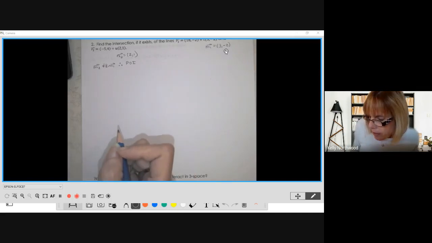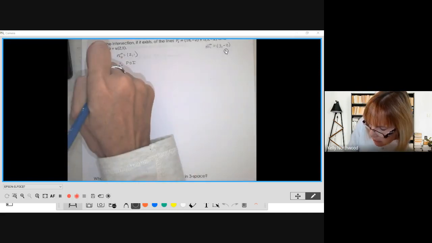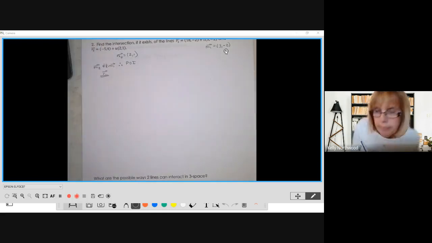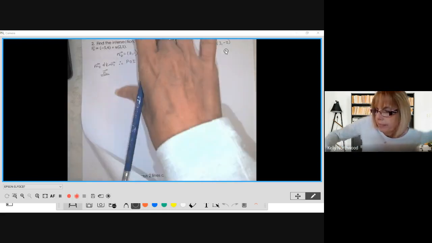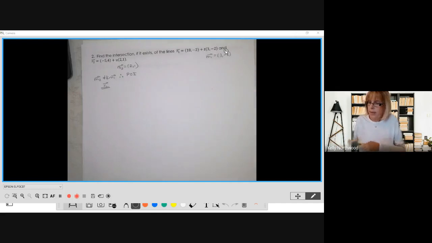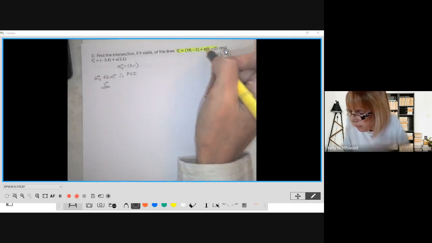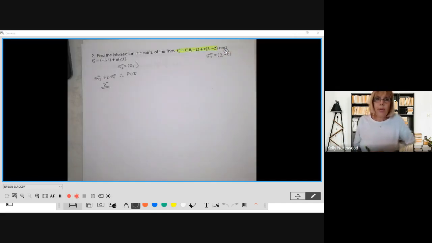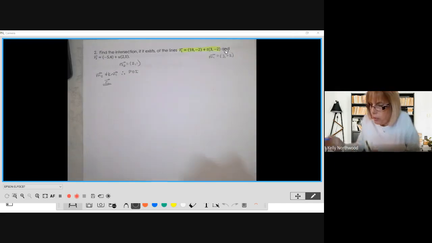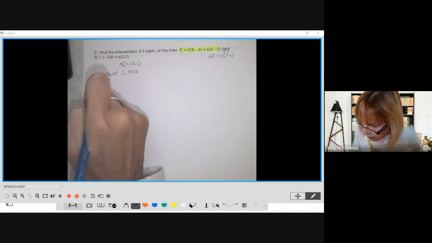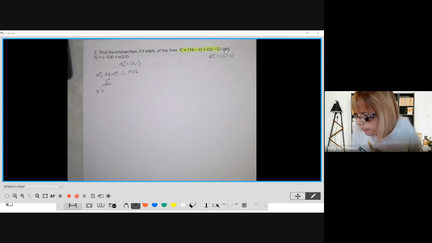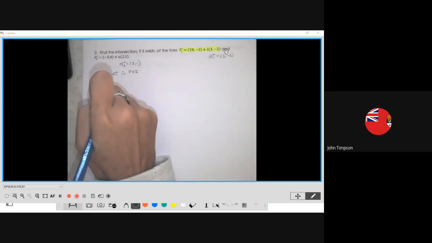So the first step is going to be to rewrite R1 in parametric form. So here's R1. Who can tell me what the parametrics of R1 are? x equals 18 plus 3t.